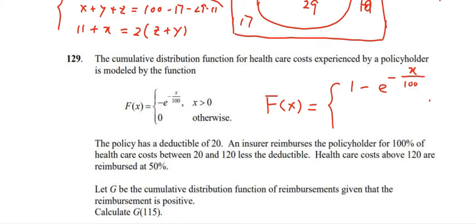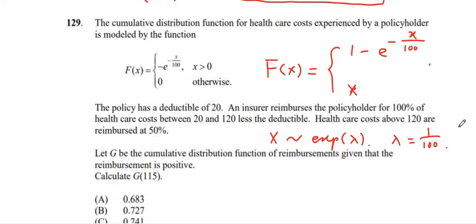This means x follows an exponential distribution with lambda equal to 1 over 100. So x goes from 0 to infinity, and this is the loss.